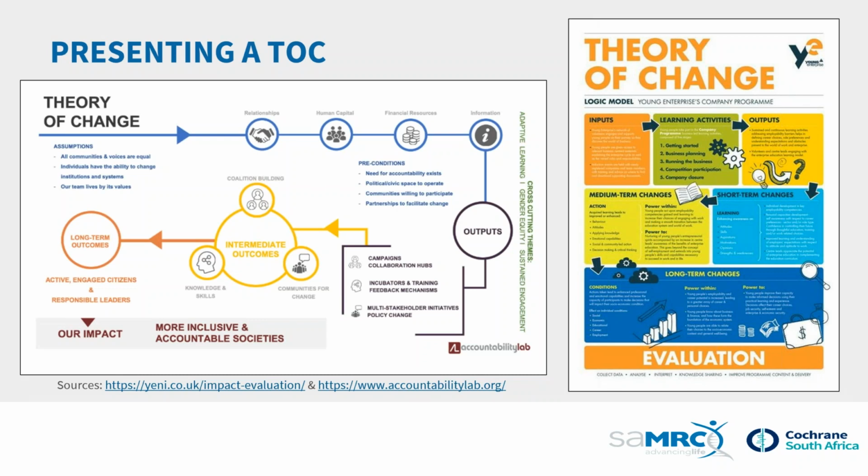Each of the boxes has a different color and they represent a different component of the theory of change. And it also uses very formal theory of change language. So things like inputs, activities, outputs, short-term, medium, and long-term changes.